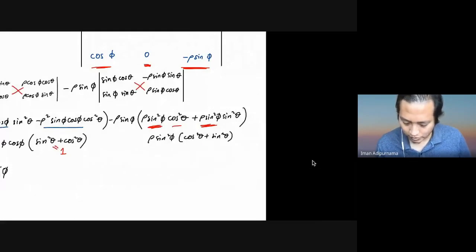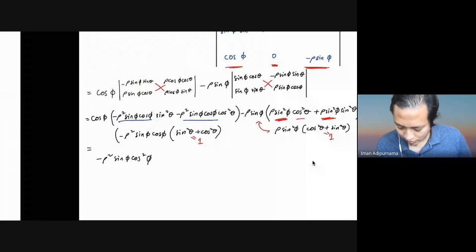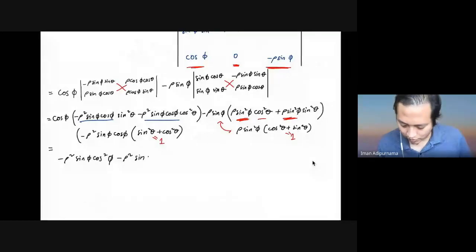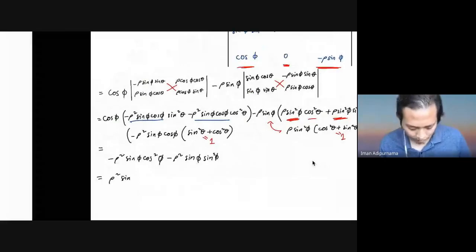This is 1, so we will have negative rho squared sine psi and sine squared psi. We can write this as negative rho squared sine psi, and then take this, and this will be 1, right?